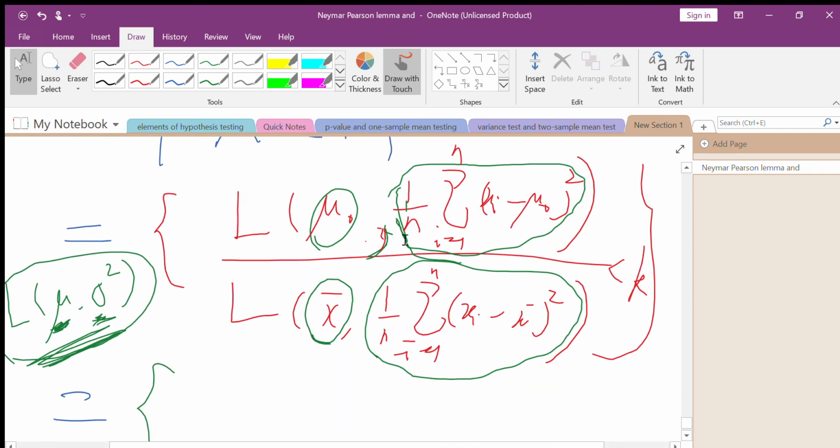We got the ratio of two likelihoods less than k, and we plug it in.